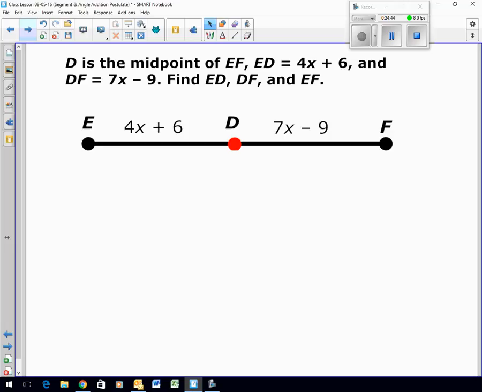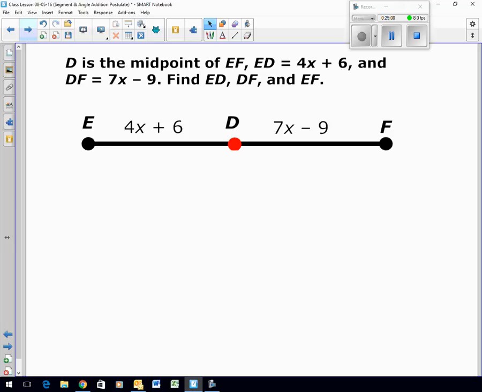I don't know if everybody heard him, so I'll repeat it. Because it tells me that D is the midpoint, that means that this entire line segment is split into two, bisected. It's split or divided into two congruent segments.